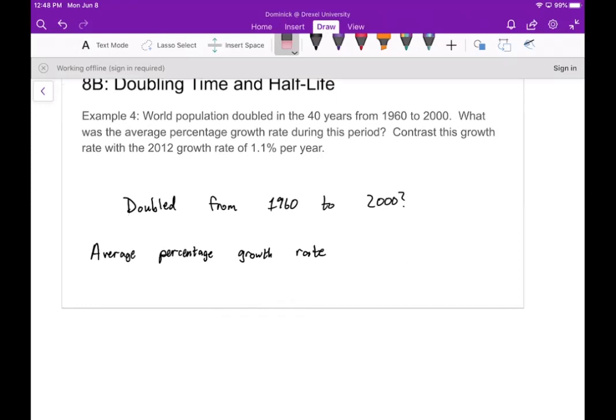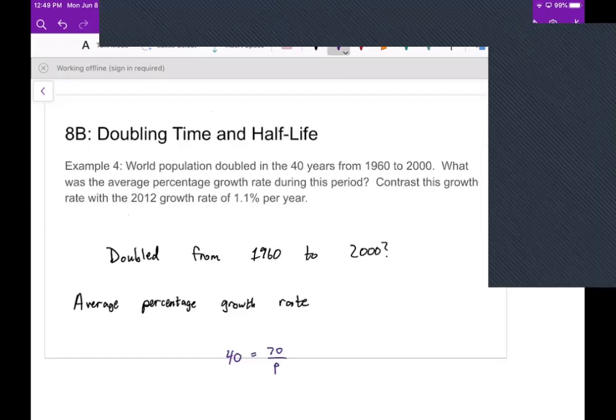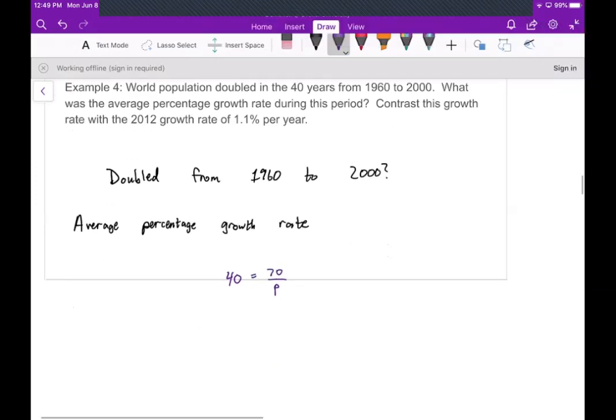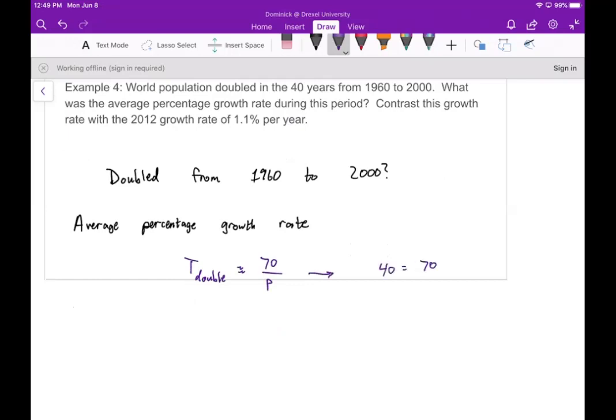So here we want to do something more. Now, one way we can do that is that we can calculate using the fact that t double is approximately equal to 70 divided by our percentage p. Now here we want to find p, and we're going to have that our doubling time is 40, and that's equal to 70 over p.